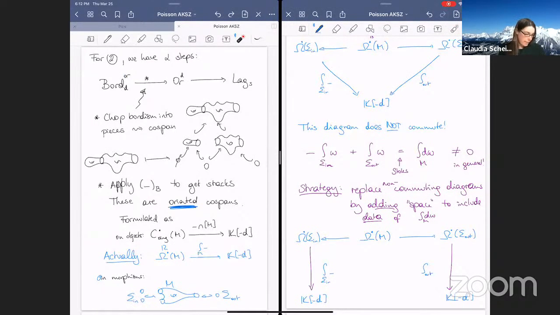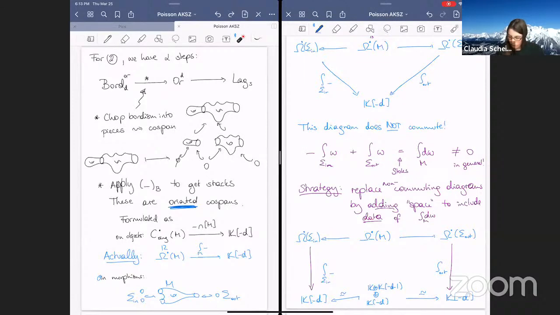And so in the middle, I can add something. My integration from omega of m will not go to just k shifted by minus d, but instead it will go to k shifted by minus d plus k shifted by minus d minus 1. So this is another chain complex. And I have maps. This is quasi-isomorphic, so I didn't really change much. At the bottom, I just replaced my constant thing, k shifted by minus d, by now changing the middle term.